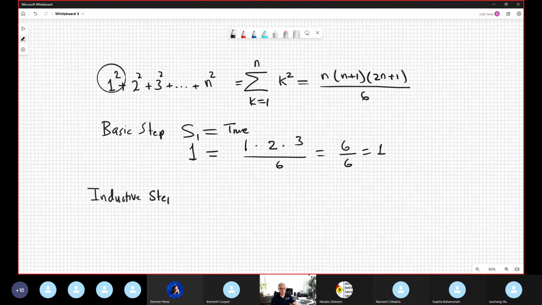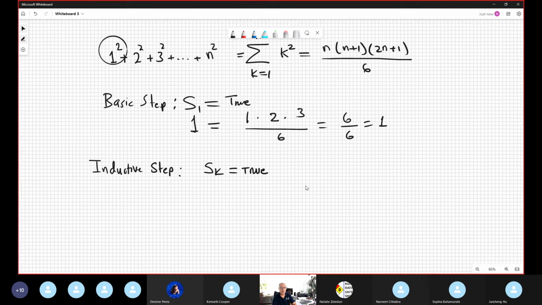Guys, this is the organization that I want to see in the test. Basic step, then inductive step. You assume S sub k is true. How do you write that? Easy. You copy: 1 squared plus 2 squared plus 3 squared plus ... plus, now no m anymore, k squared is equal to k(k + 1)(2k + 1)/6.